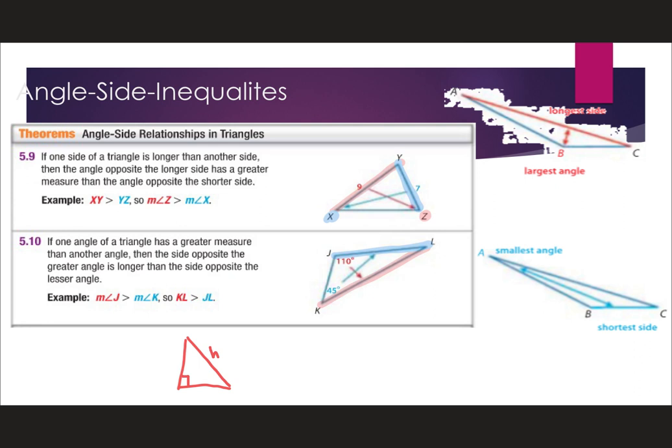The hypotenuse is always the longest side of the right triangle, and it is across from the right angle, the biggest angle of the right triangle. So we've already kind of seen this. That means the hypotenuse will be greater than either of angle A or angle B, because it's across from the biggest angle.